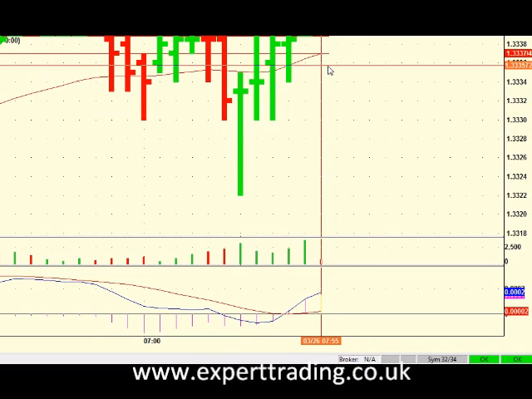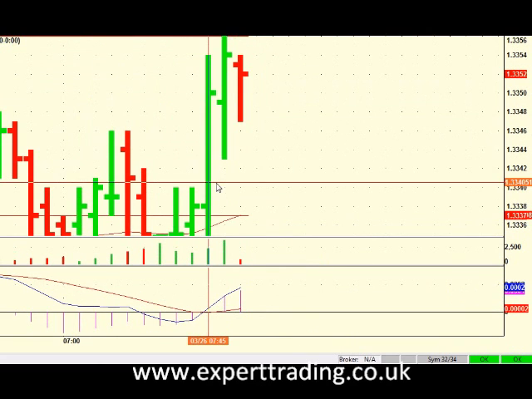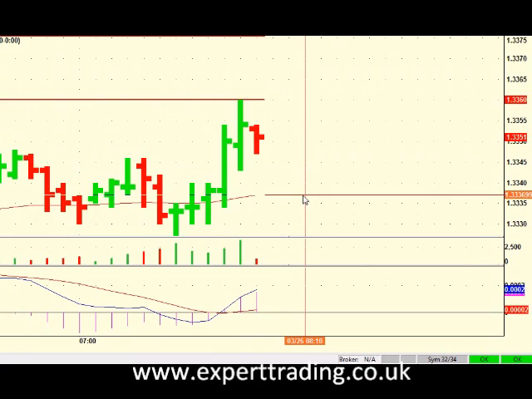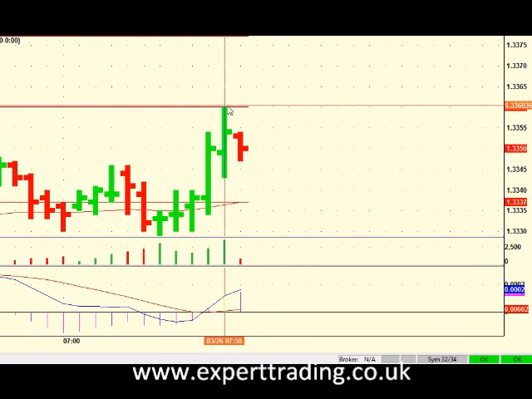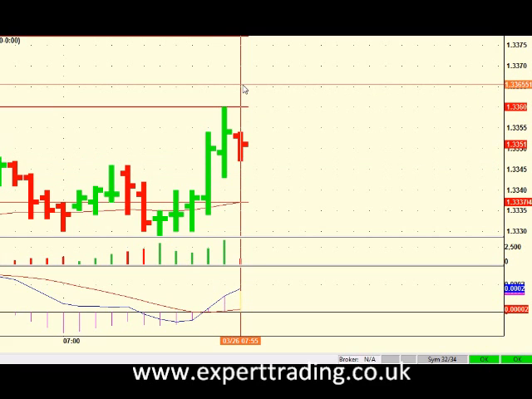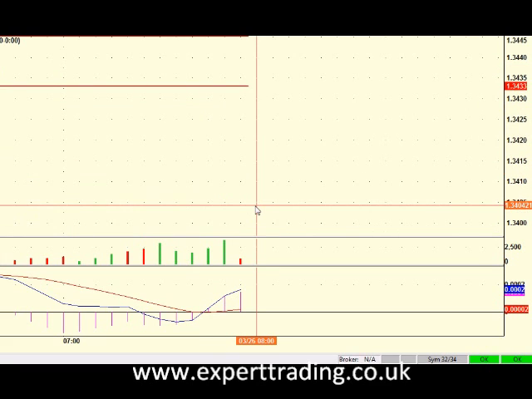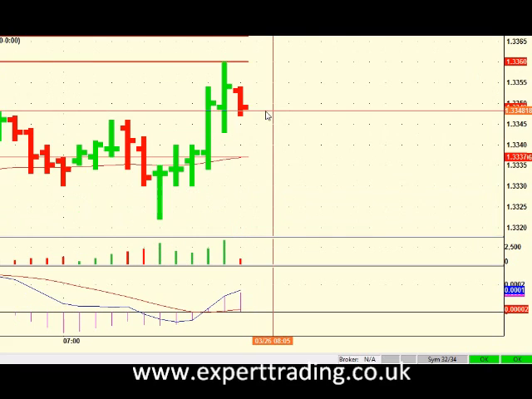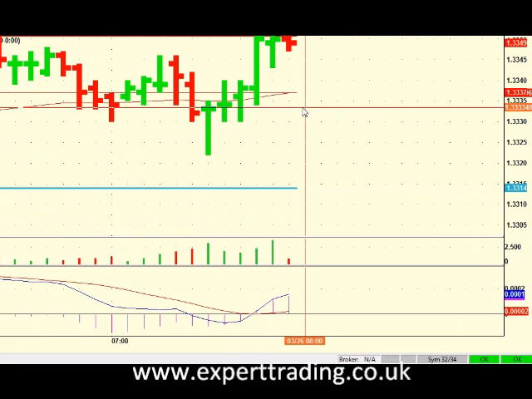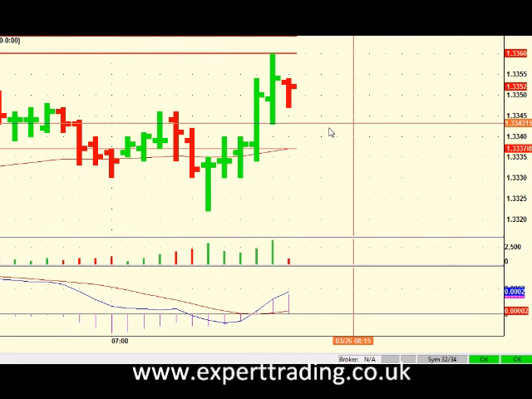So it went up, nevertheless, bounced off R1, and now it looks like it might be coming back, and it could break through that. If it breaks through that, it's probably going to move through to R2, but we're not going to take any of those trades. We're not trading up here because that would be counter trend.